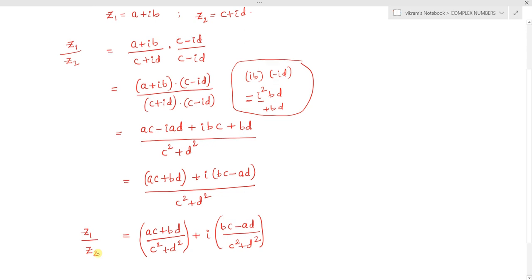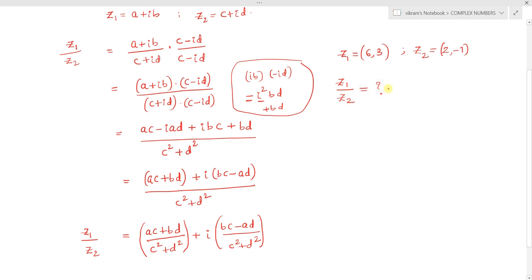Now consider a question. z1 is 6 comma 3 and z2 is 2 comma minus 1, and perform z1 by z2, that means divide z1 by z2.